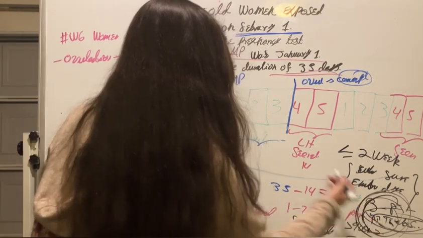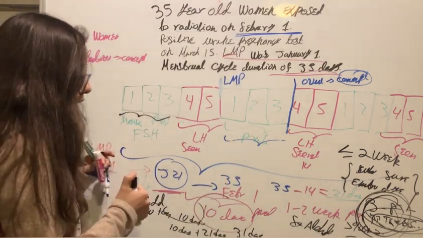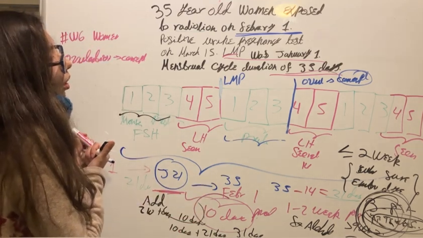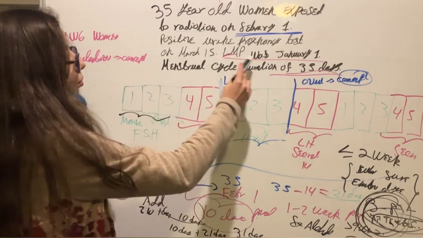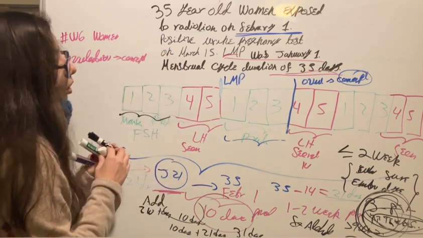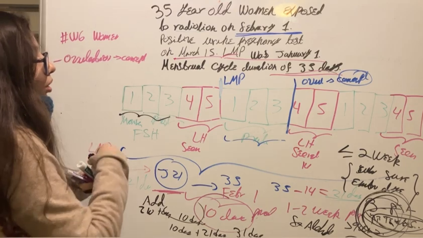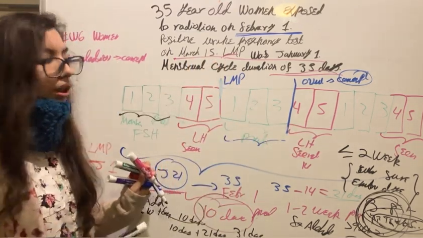The other thing we can do is determine when the urine pregnancy test would first have been positive, because she did the pregnancy test on March 15, but this could have been positive earlier than March 15.